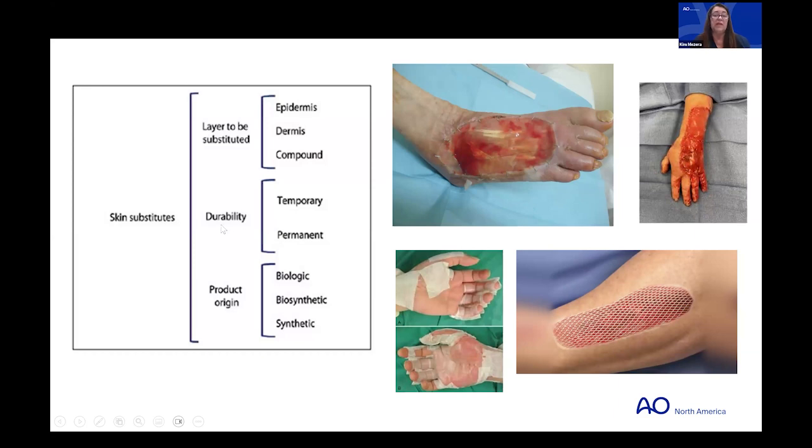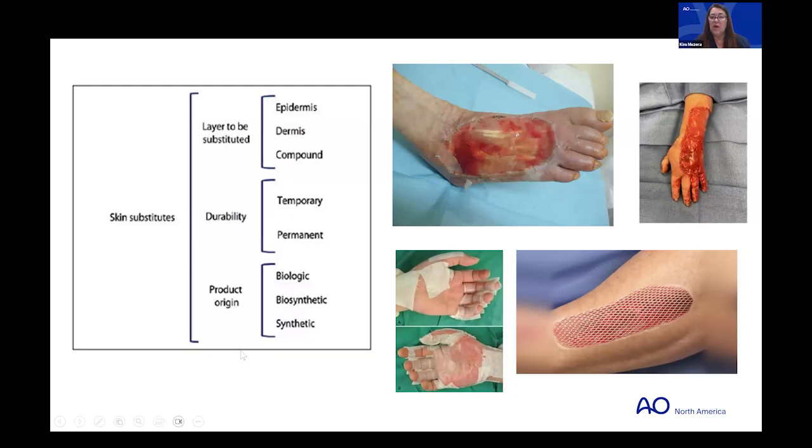Do you want it to be a temporary placement just to stabilize the wound and hopefully provide a healthy wound bed for later skin grafting? Or are you trying to do a permanent substitute that requires only one surgery, perhaps, and not a second surgery or further skin grafting options?